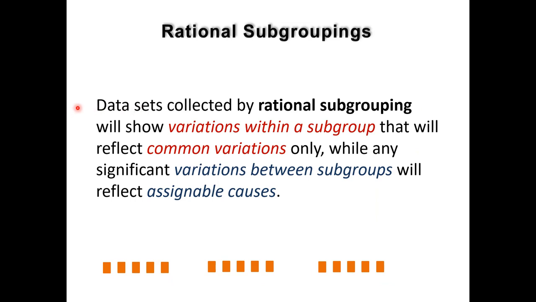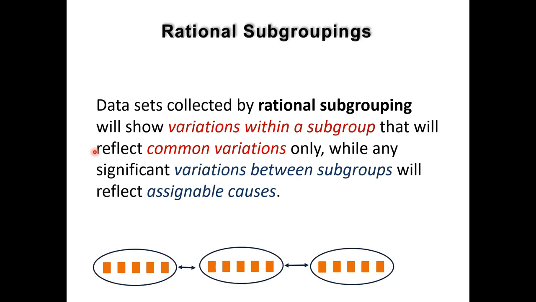So a data set collected by rational subgrouping will show us variation within a group that will reflect common variation only, while any significant variation between groups is actually due to assignable causes. So again, what we're saying here is if there's any difference between individual measurements within a sample, it is only due to common variation or chance variation.